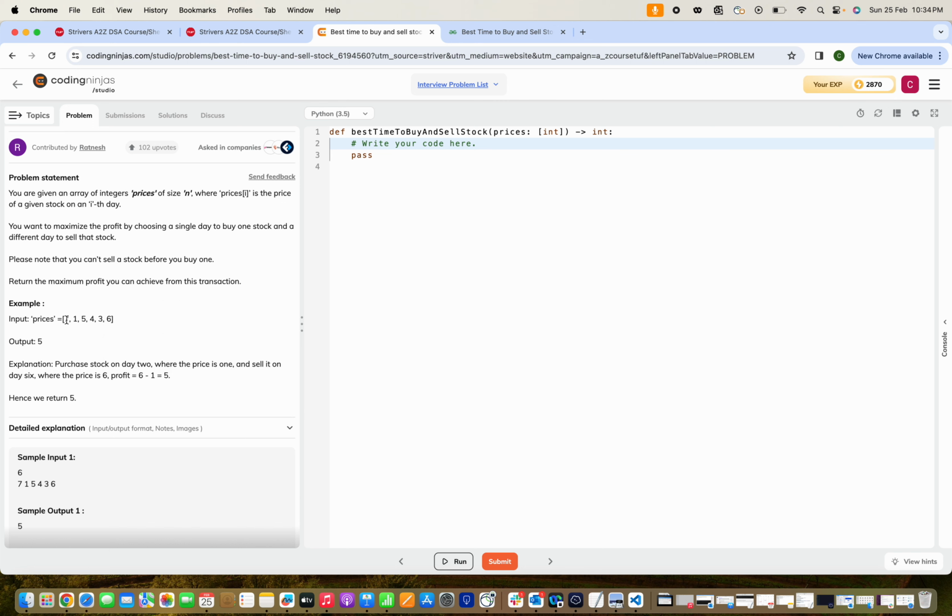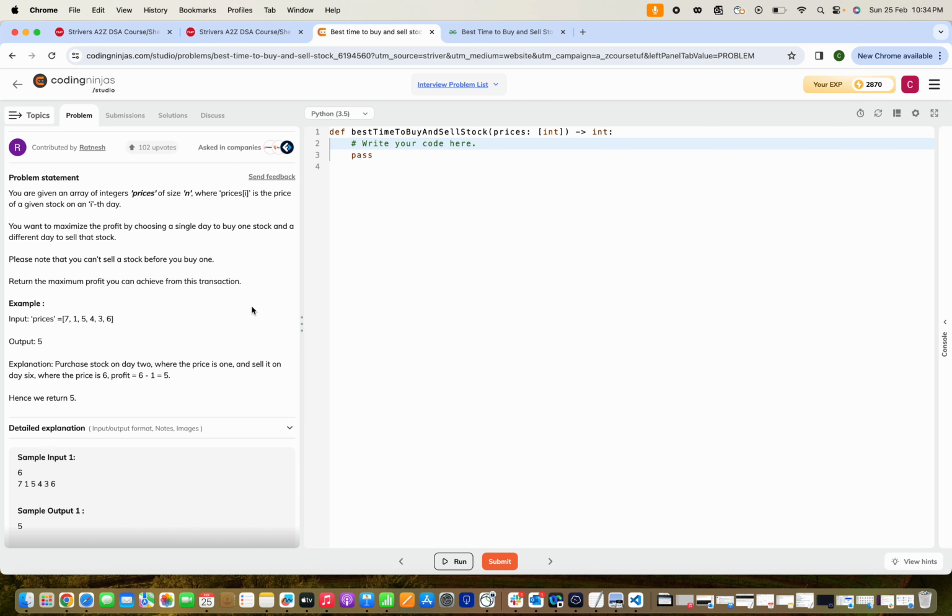We compare the profit every time by subtracting the values, and take the maximum of all. But that gives a time complexity of order n square, so that is not good.